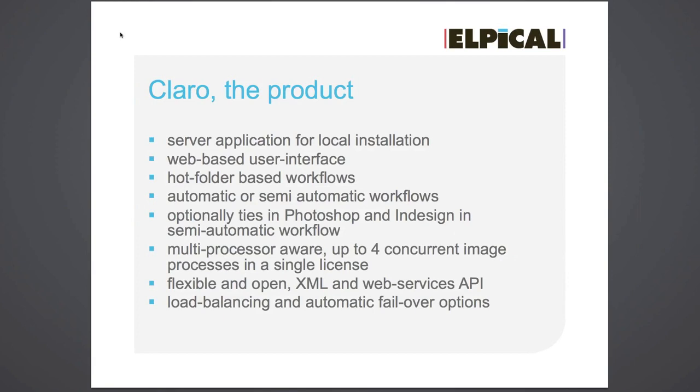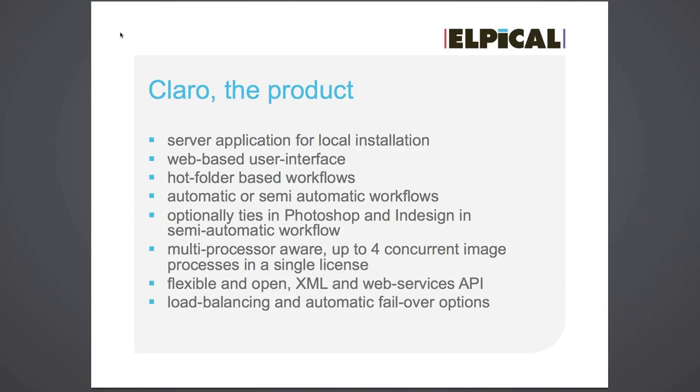If you look at the product, it is obviously a server application that has a web-based interface and that uses hot folders to process the images. You can set up automatic or semi-automatic workflows, and this is something that was mentioned earlier.